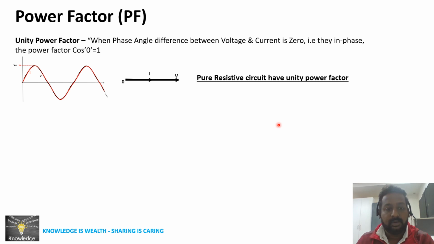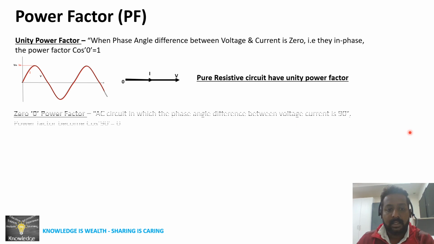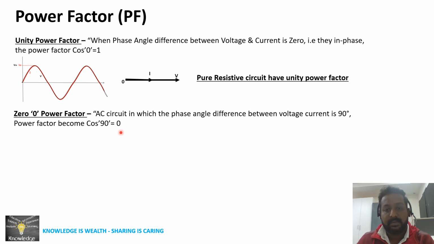Next is zero power factor. In any AC circuit in which the phase angle difference between voltage and current is 90 degrees, phi becomes 90 degrees, so cos phi is 0, and the power factor becomes 0. Those circuits we call zero power factor circuits.